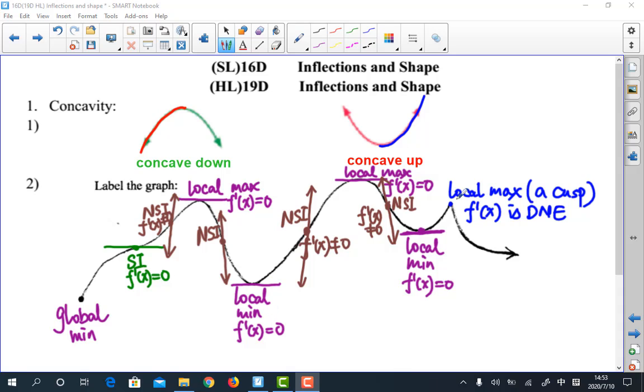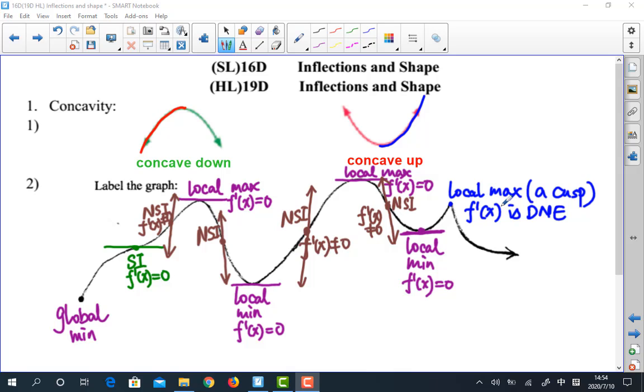And this is a special local maximum, which is produced by a cusp. This local maximum is different from those local maximum points. For these two local maximum points, you can have f prime x equals 0. But for this one, f prime x is DNE. We have already explained why in the last lesson. Hopefully you can go over the video if you forget about that one.